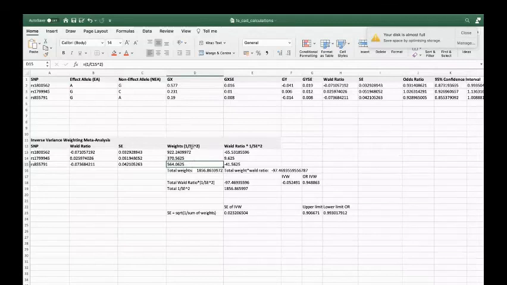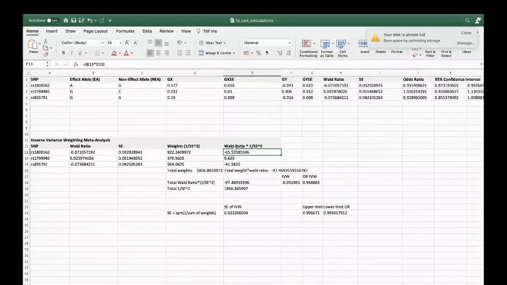So that's 1 over the standard error squared. And how is that actually occurring? It's because 1 over a really large number is a very small number, and then 1 over a small number is a very large weight.